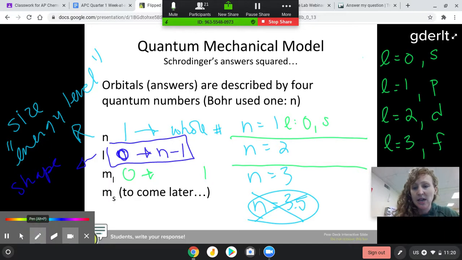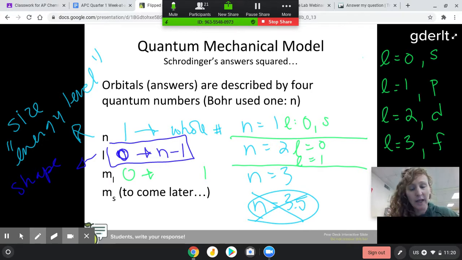So your possible L's here are 0 and 1. So in the second energy level, we're actually going to find two shapes. We're going to find L equals 0, which is the sphere, and we're going to find L equals 1, which is the dumbbell. Okay, so I'm going to give you 30 seconds. Tell me what are possible shapes in the third energy level. And go.